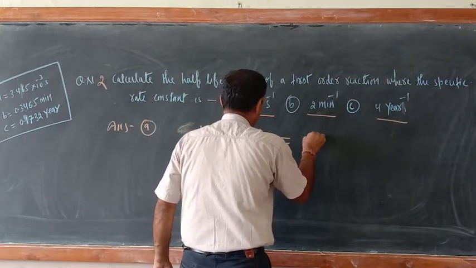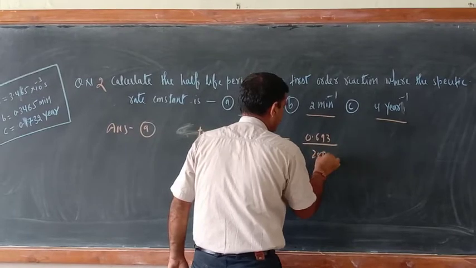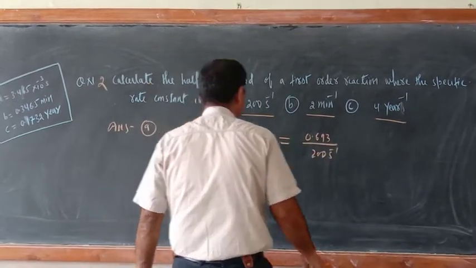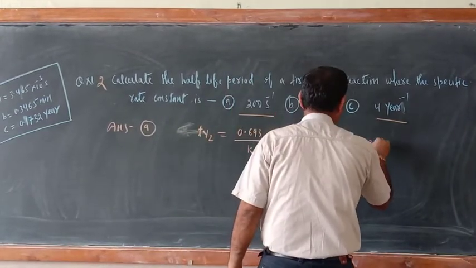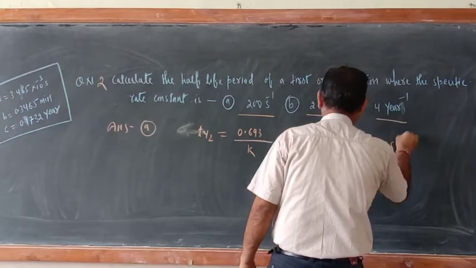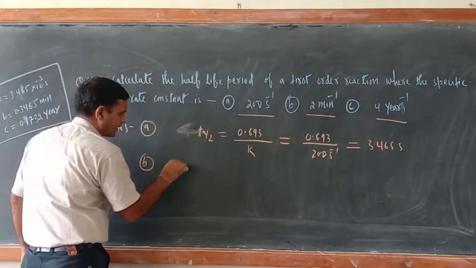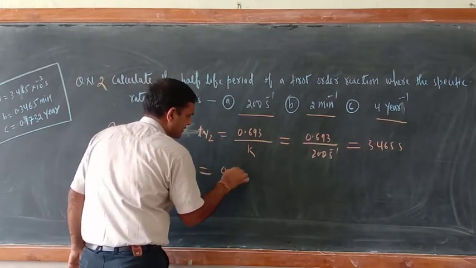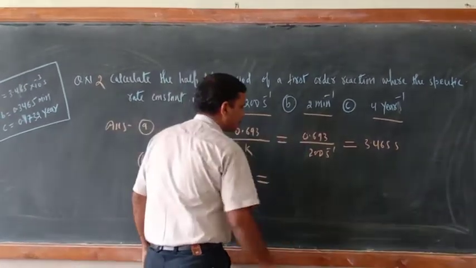So 0.693 divided by 200 second inverse. If you solve this one, you will get 3.465 second. Similarly, for B, same formula, T half equals 0.693 divided by K. K value is given as 2 minute inverse.